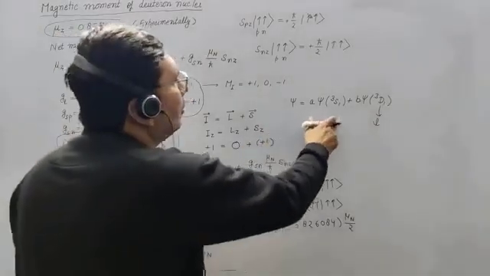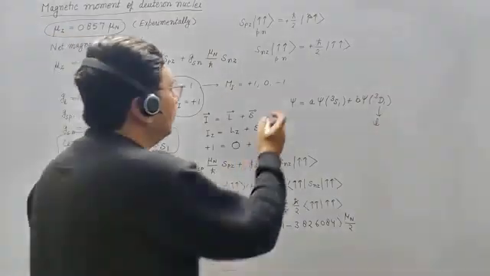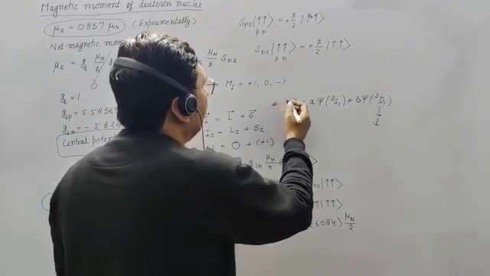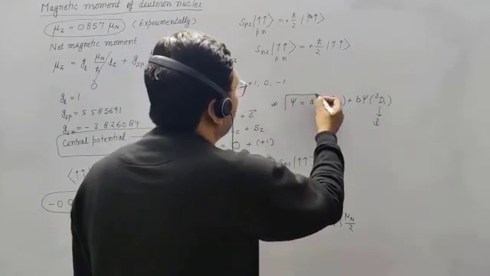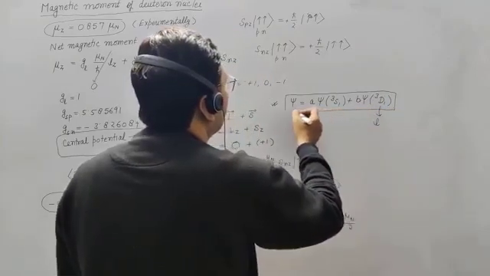And this is possible only when we consider that the potential consists of a small but significant non-central part. If the deuteron nuclei potential is non-central in nature, then we can easily conclude that the deuteron ground state is an admixture of these two states.